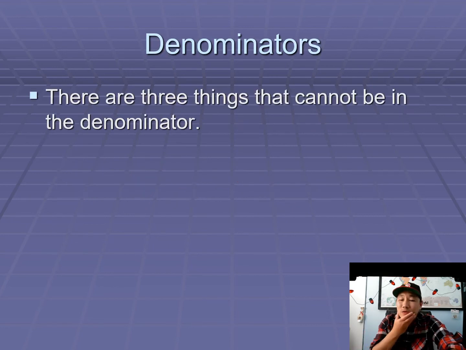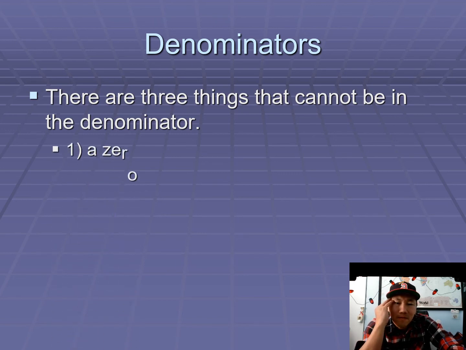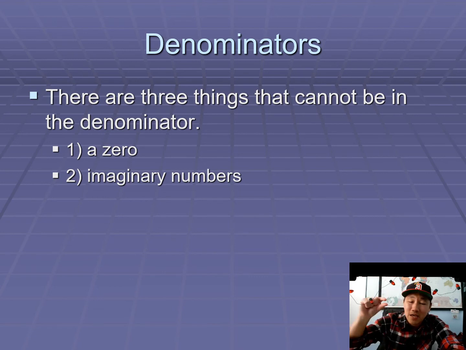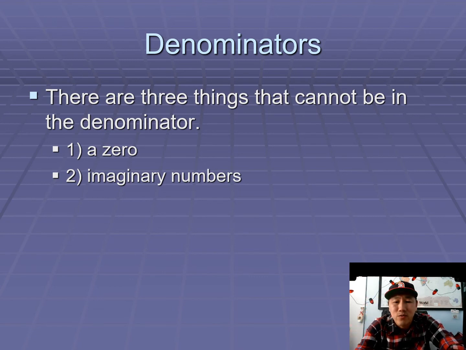All right, let's focus on some denominators. There are 3 things that cannot be in the denominator mathematically. You guys learned back in middle school that you can't have a 0 in the denominator. I also told you that you can't have imaginary numbers, so you can't have an i in the denominator.